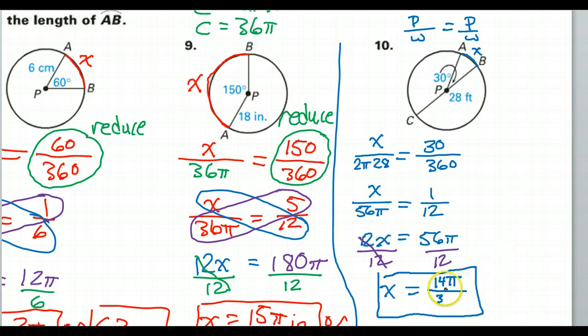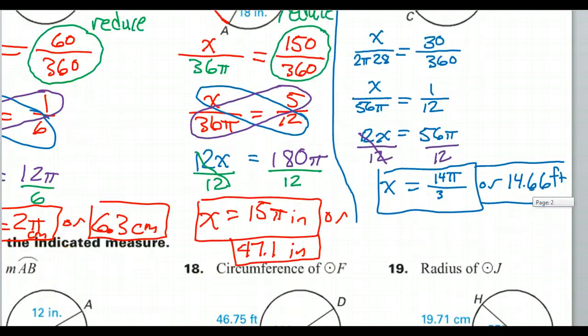X, the arc length, is 14 pi over 3. As a decimal, let's see, 14 pi over 3, toggle it, that's 14.66. And we should not forget the units, which are feet. Okay, that is how you do number 10.